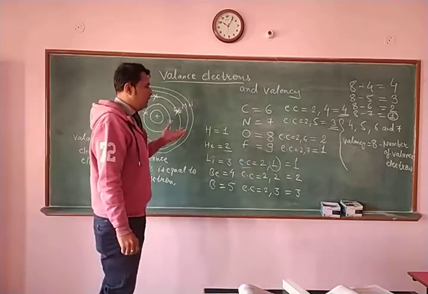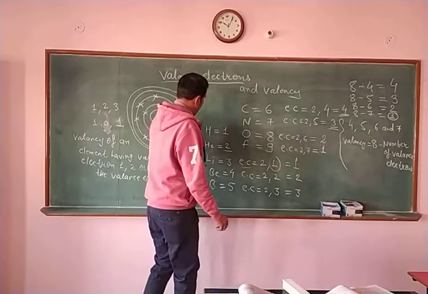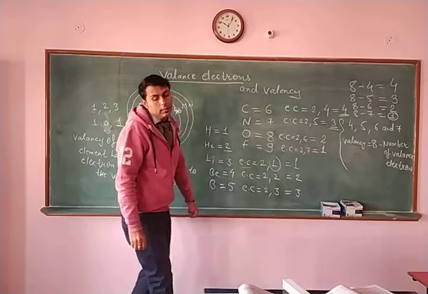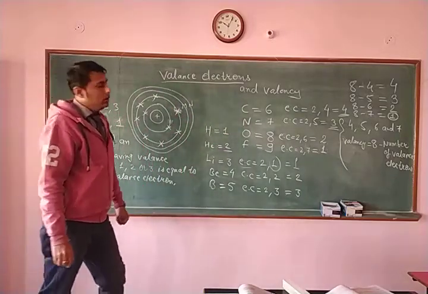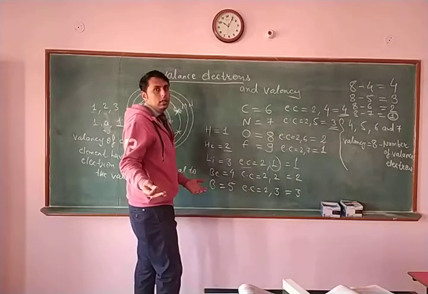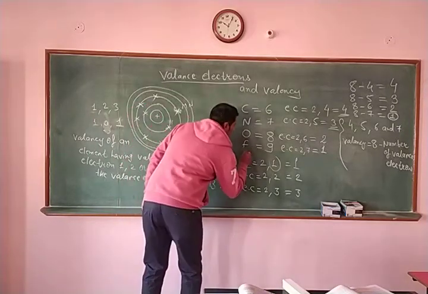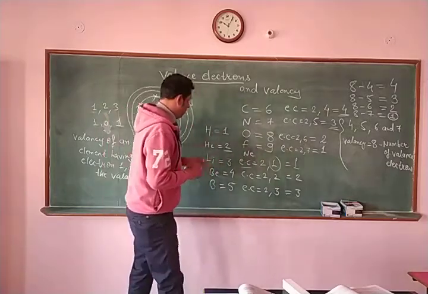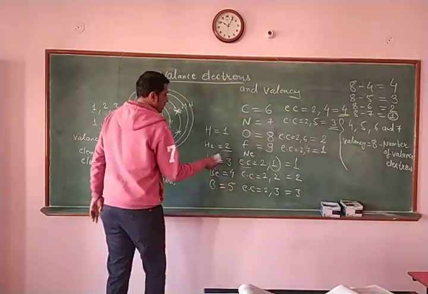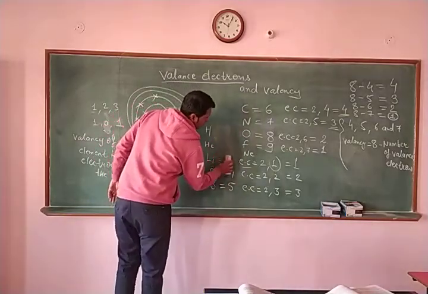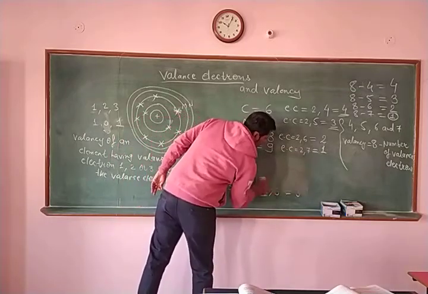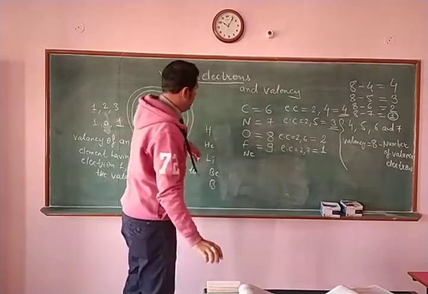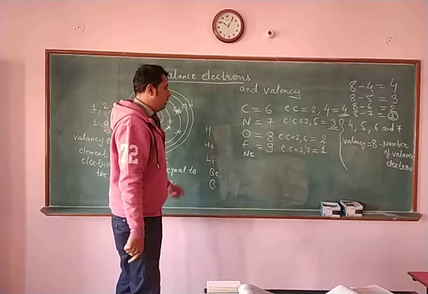Now we have come up to 9. So hydrogen, helium, lithium, beryllium, boron, carbon, nitrogen, oxygen, fluorine, and it comes to neon. I will keep the labelings of these elements so we can go through the names.